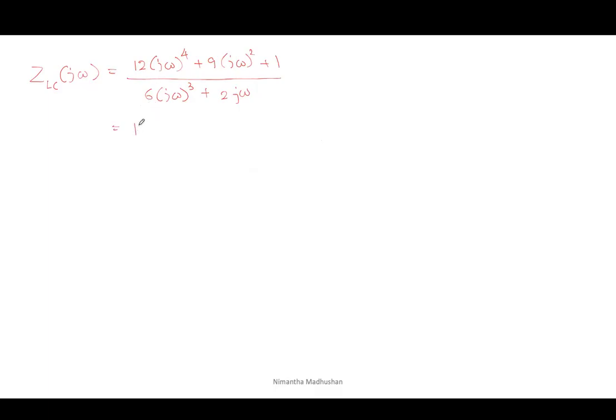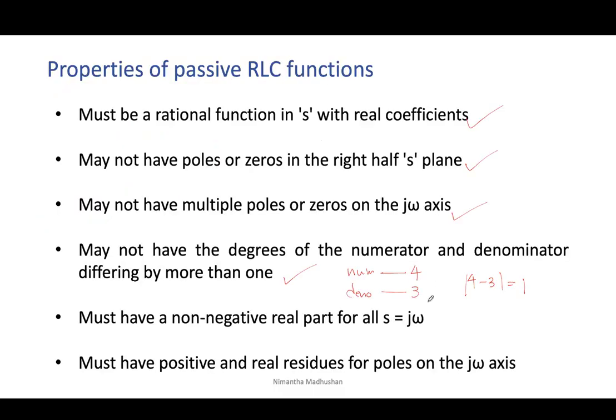From this, we get 12 omega to the power 4 minus 9 omega squared plus 1 over j times (6 omega cubed plus 2 omega). You can see the denominator is imaginary. Then the real part of ZLC(j omega) is equal to 0. Then it is non-negative and real. Then the fifth property is also satisfied.